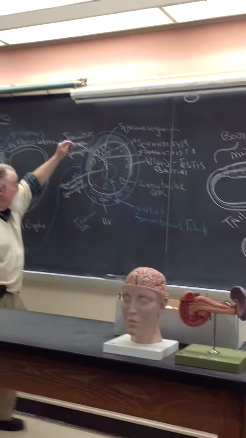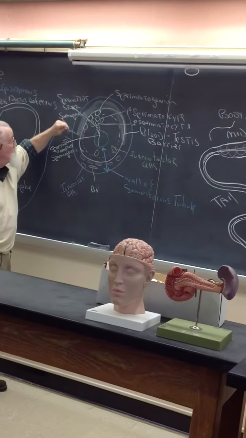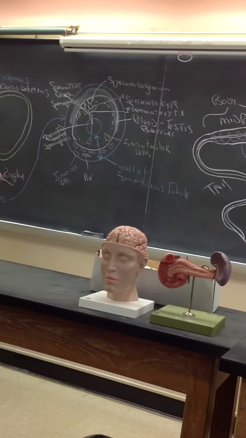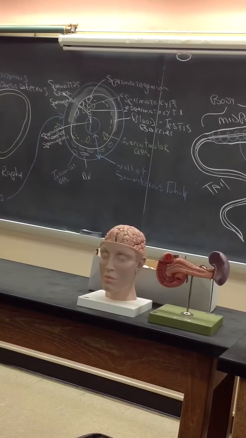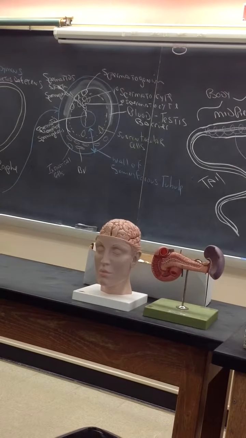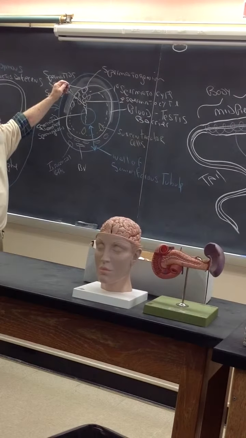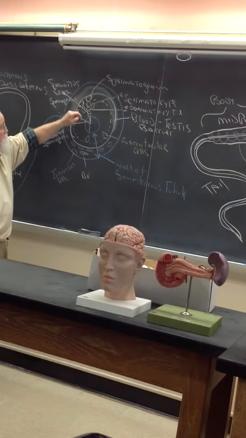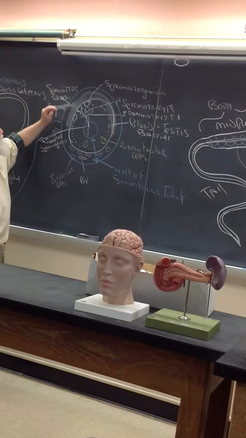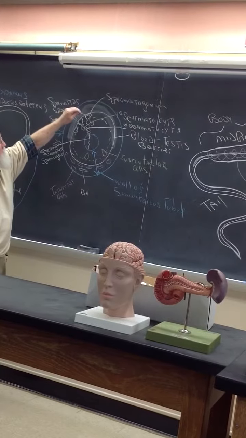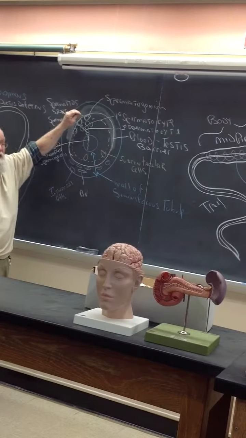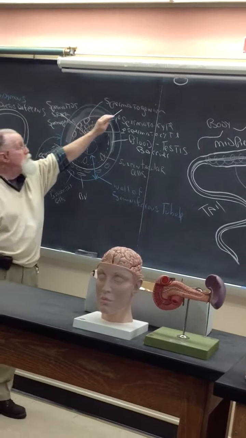spermatogenesis occurs in the walls of the seminiferous tubules. It starts on the outer portion and goes towards the inner portion. It starts with undifferentiated cells called spermatogonium.